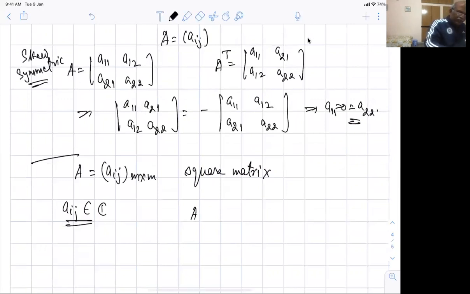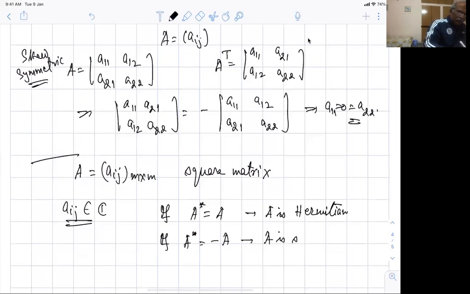So I look at A star. If A star is A, then we say that A is Hermitian. All right. If A star is minus A, then we say that A is skew Hermitian.